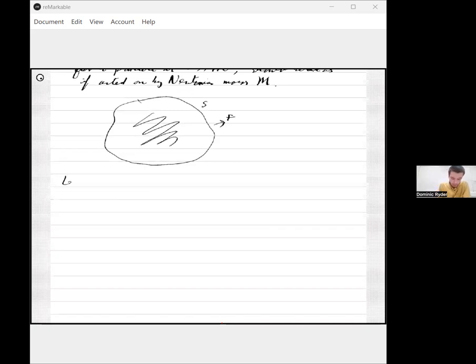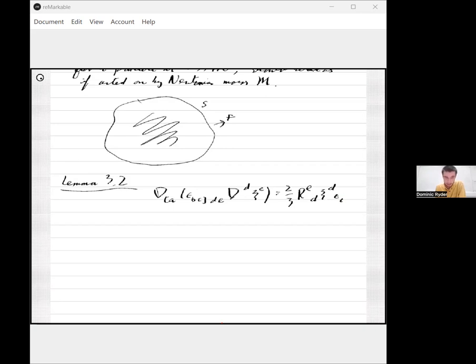To do this, we're going to need another lemma, which seems very technical, but it's going to be required. It'll be nabla_A acting on epsilon_BCDE and anti-symmetrizing over ABC, nabla_D xi_E is going to be equal to 2/3 R_ED xi^D epsilon^E_ABC.